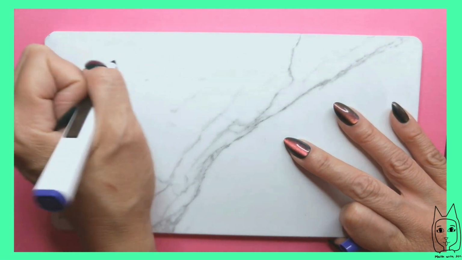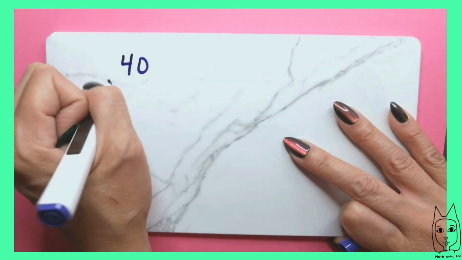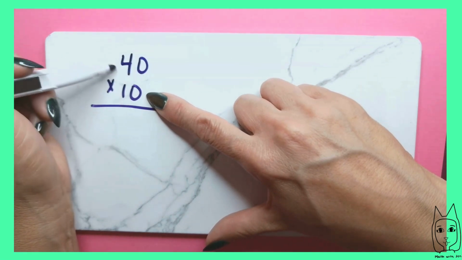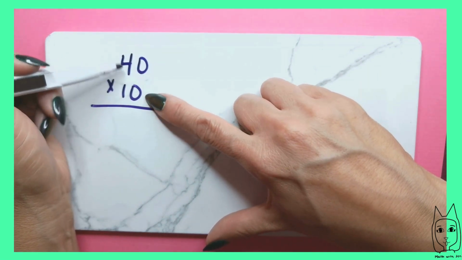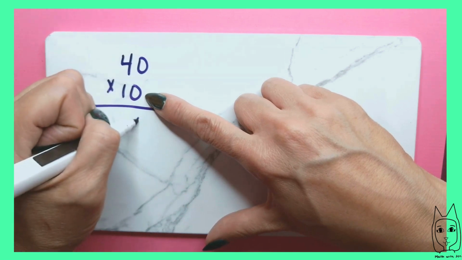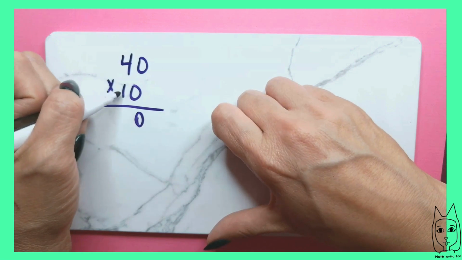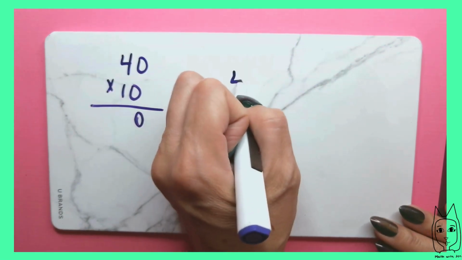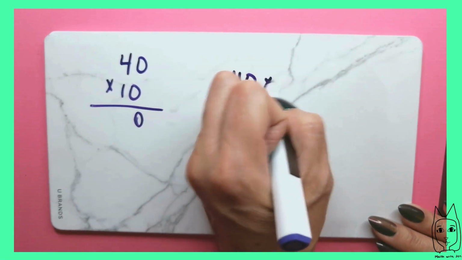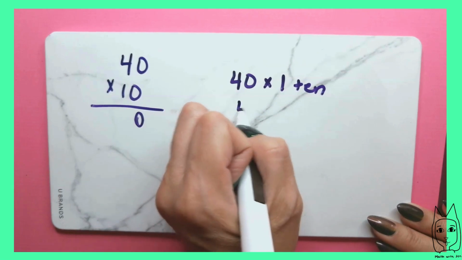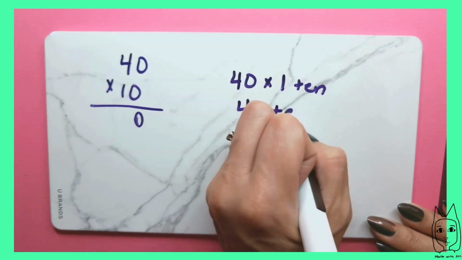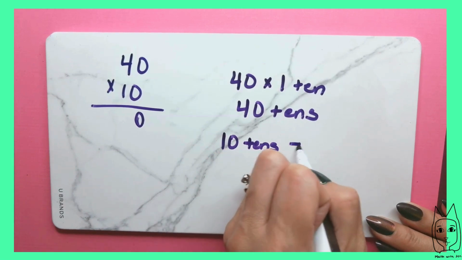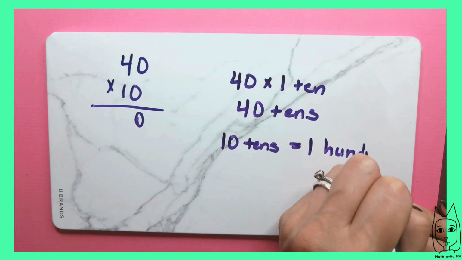Let's look at 40 times 10. We have 0 ones being multiplied to 40. 0 ones times 40 is still 0. Now we come over here, so we have 40 times 1 ten. It's going to give me 40 tens. We know that 10 tens equals 100 as a place value.